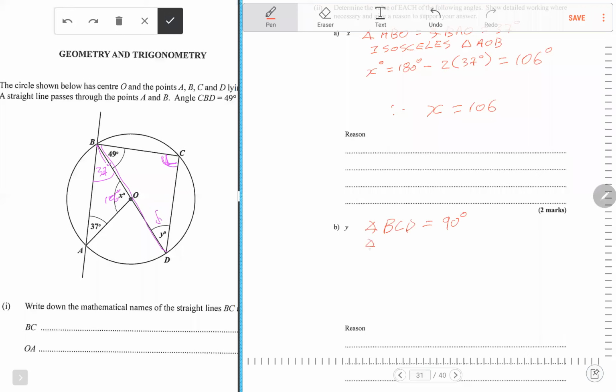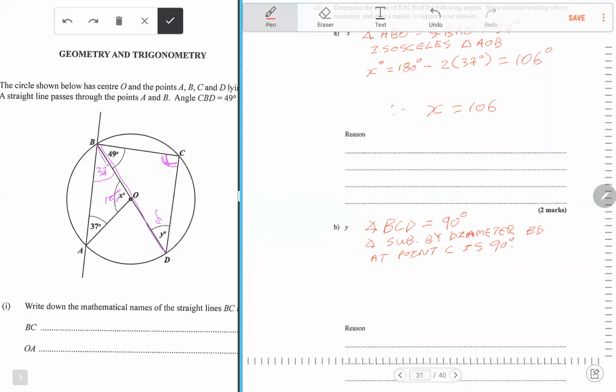Reason, angle subtended by diameter, and the diameter is BD, at point C is 90 degrees. That's the reason. Because it's subtended by a diameter. Remember, you know, the questions, you have to give your reasons. You cannot just write down angles and stop at that. You have to show the reasons.